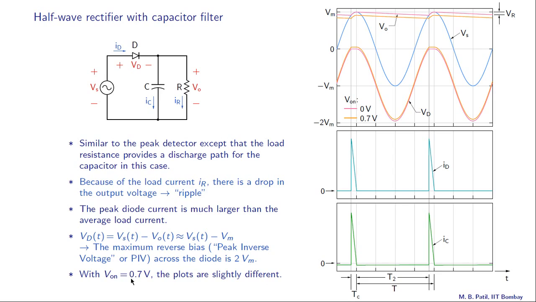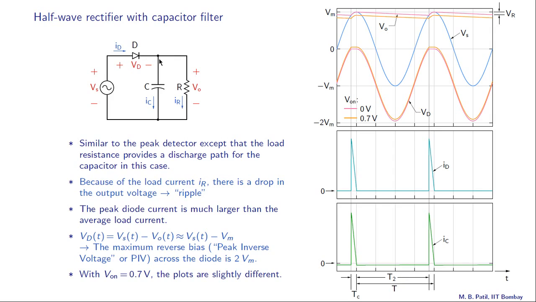Finally, let us take a look at the results when V on is not 0 but 0.7 volts, and the plots are slightly different. Here we have plotted VO, the yellow line there, and VD when V on is 0.7 volts. Now as we see, the maximum value of VO is not Vm anymore, but it is Vm minus 0.7, and that is because we have this diode voltage drop here.